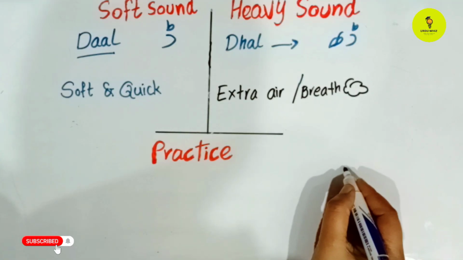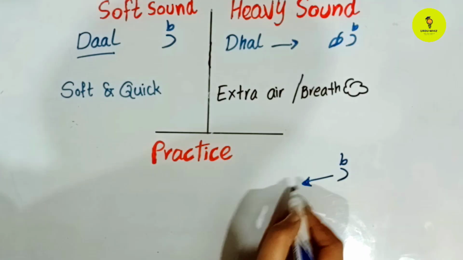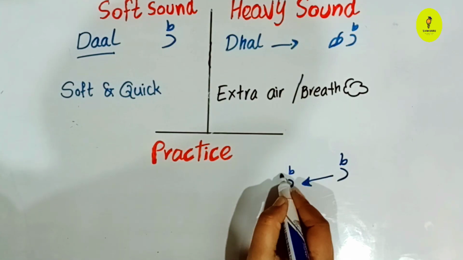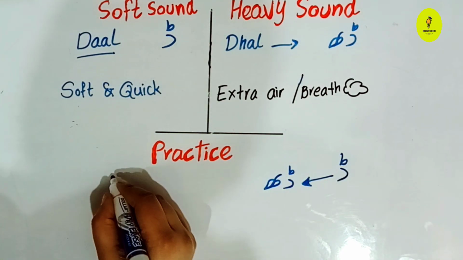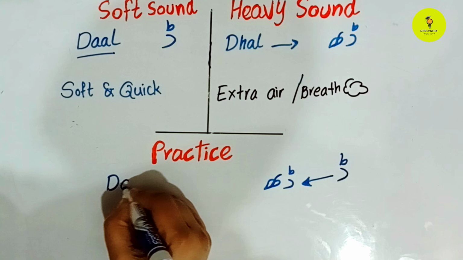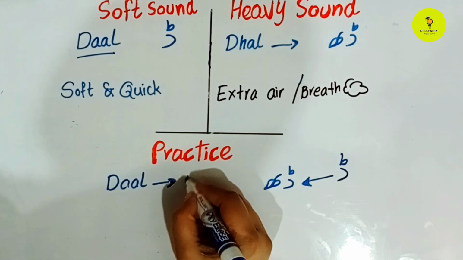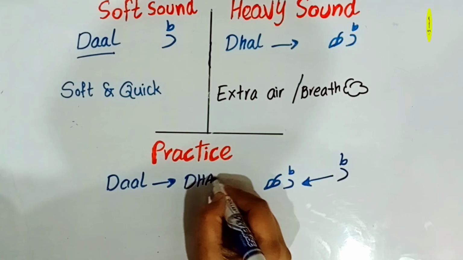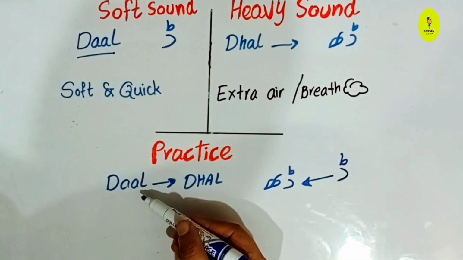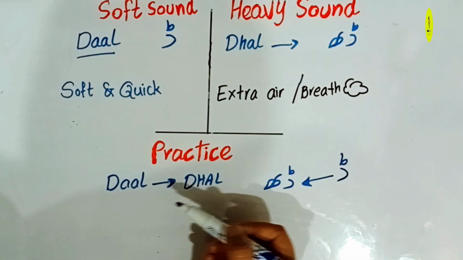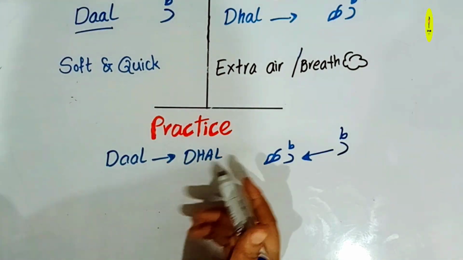The simple word is dal in Urdu and its hard sound is dhal, but in English it is dal and the hard sound is dhal. Now repeat after me. Dal, dhal, dal, dhal.